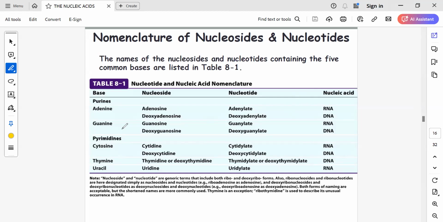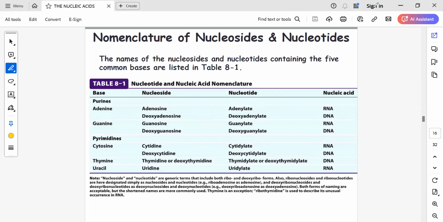Then if you have deoxyribose sugar plus adenine, it is deoxyriboadenosine, or in short form, deoxyadenosine. And if it is a nucleotide, it is adenylate. So we commonly use the short form of these compounds. Okay. So this is how we name nucleotides and nucleosides.